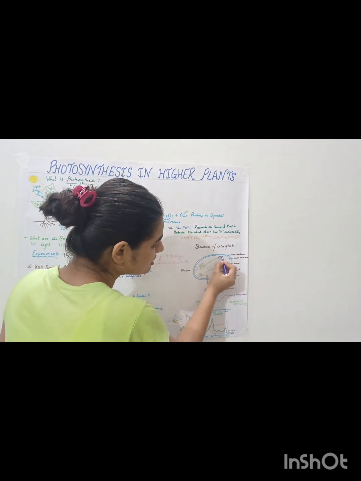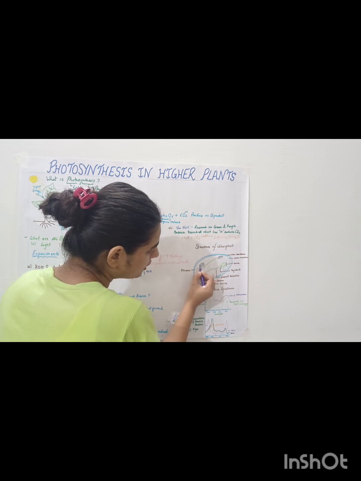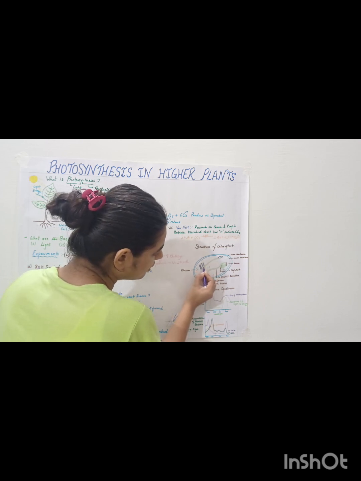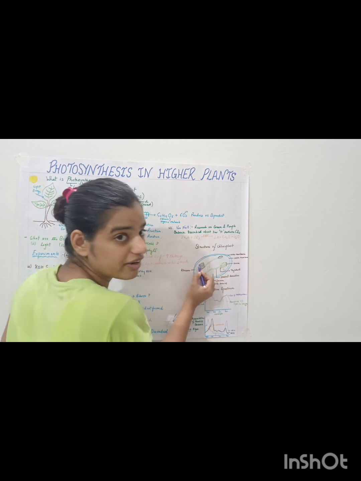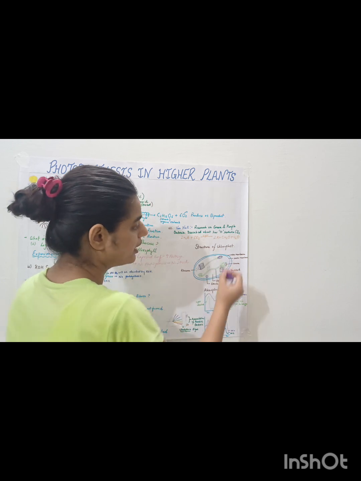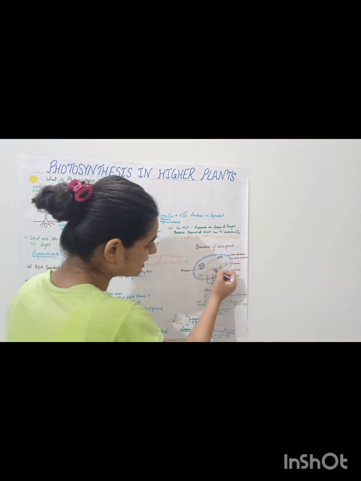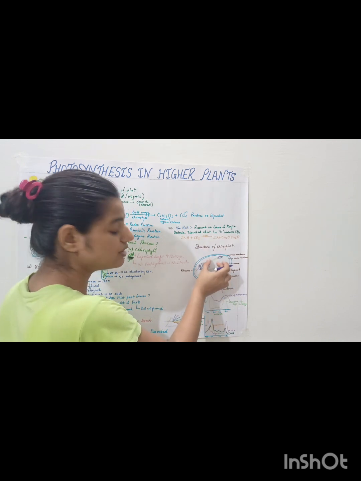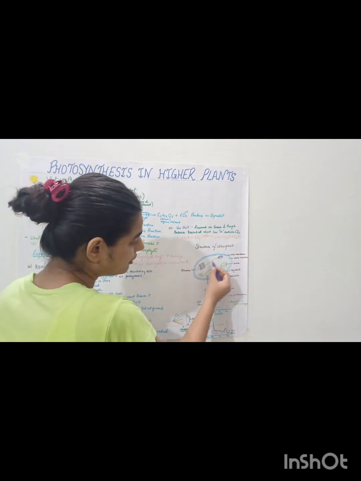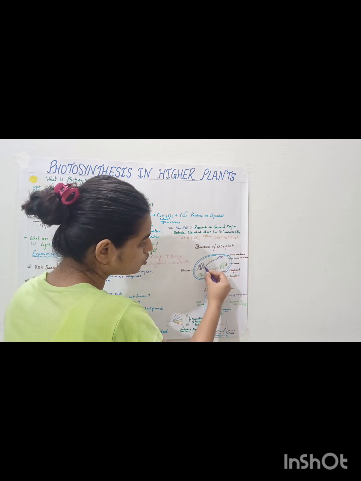When there is a stack of thylakoids, it is known as a grana. A whole group is known as a grana, and a single one is known as a thylakoid. In the thylakoid, the lumen is present, and the thylakoid is surrounded by a liquid, the stroma. One grana can be connected with another grana by a stromal lamellae.